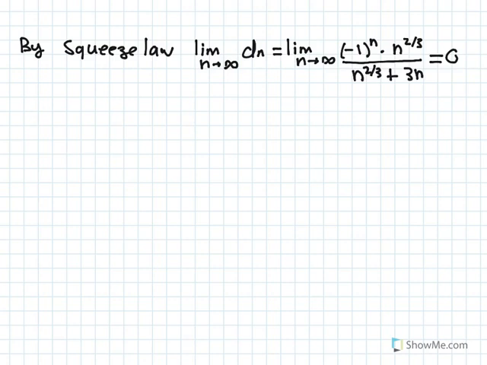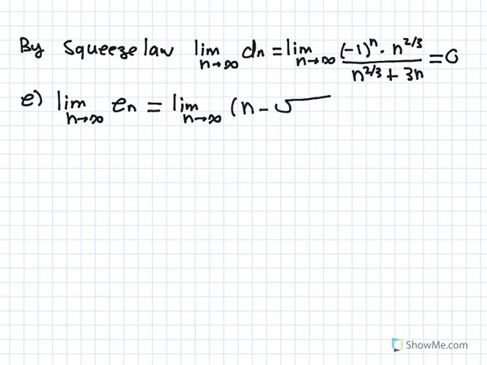Now let's look at part E. For part E, we have the limit as n goes to infinity of en. This is equal to the limit as n goes to infinity of n minus the root of n squared minus 3n.